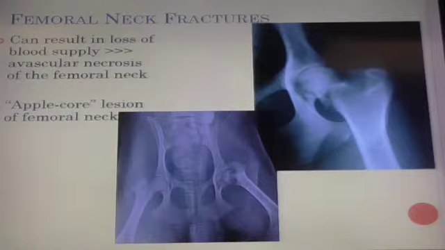Okay, femoral neck fractures. Now remember I talked about the circumflex artery that supplies the femoral head. So if there's a femoral neck fracture, what happens at the neck is that you get bone resorption. That's what happens normally, right?